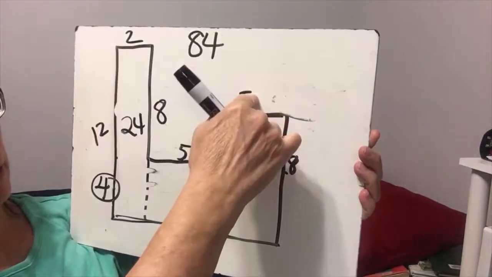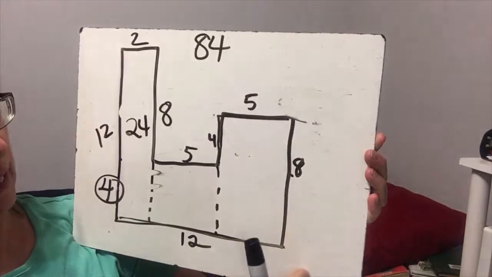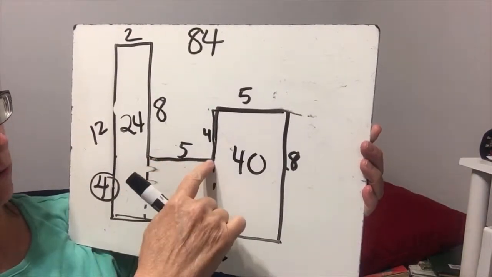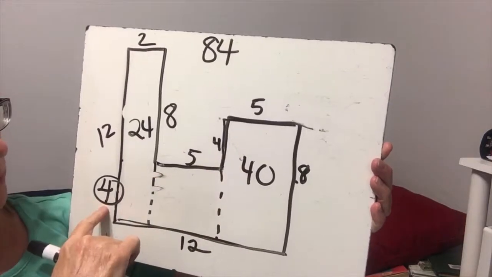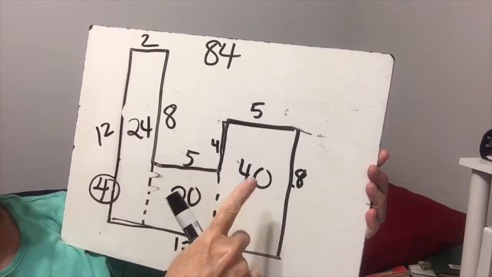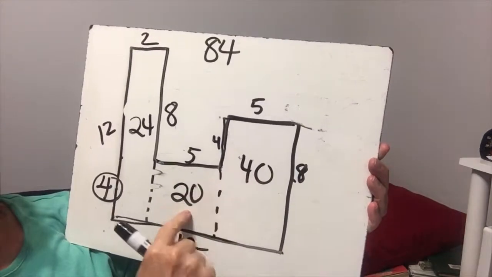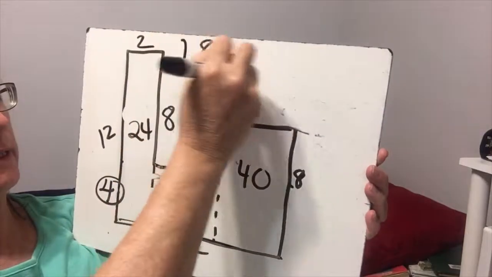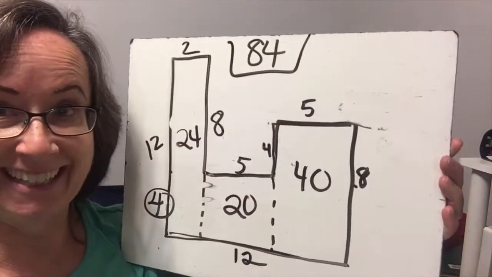Then over here, we have 5 times 8 is 40. And this one is 5 across and 4 deep. So that's a 20. So now we've got a 60 plus a 24 is an 84 square units again.